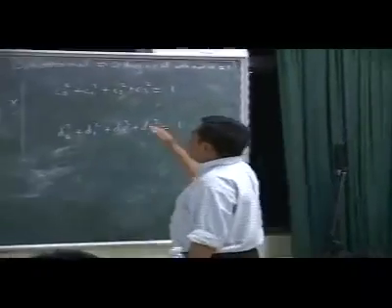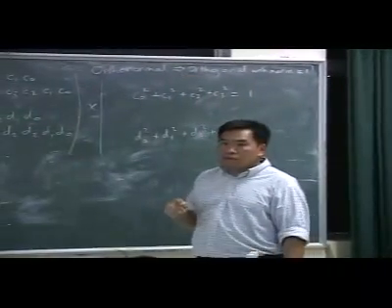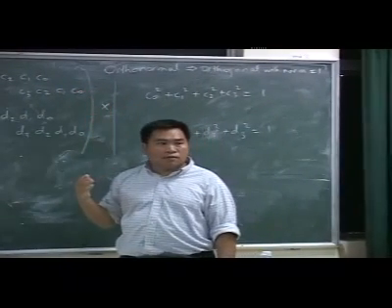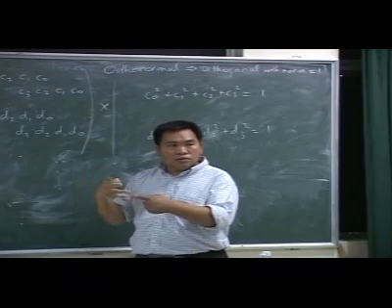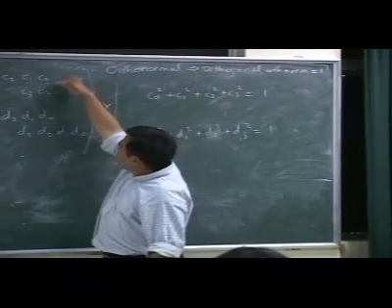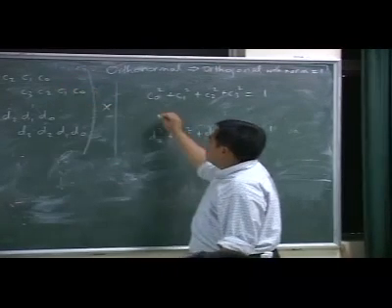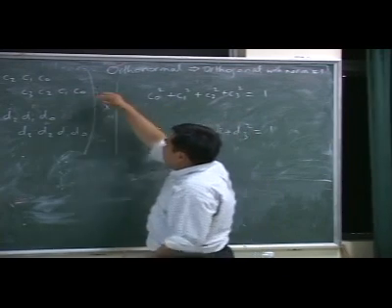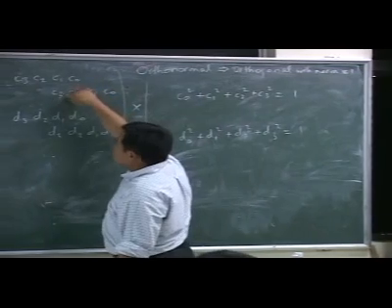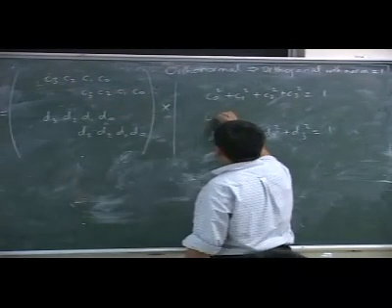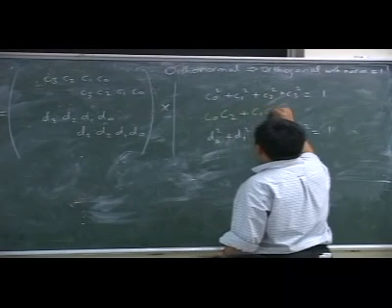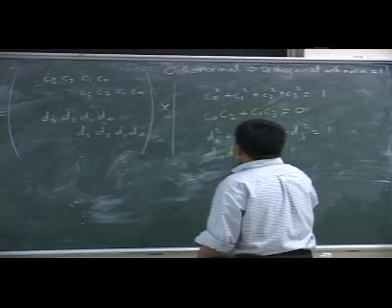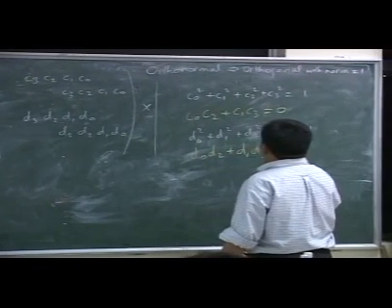Okay. How do I make it orthogonal? So you have 2 vectors. How do I make them orthogonal? Inner product equal to 0, right? If you take the inner product of 2 vectors, what do you get? You have C0 C2 plus C1 C3 equal to 0, and the same for D: D0 D2 plus D1 D3 equal to 0.